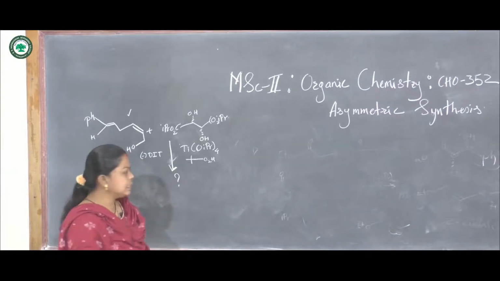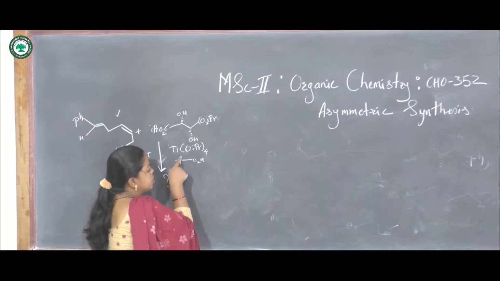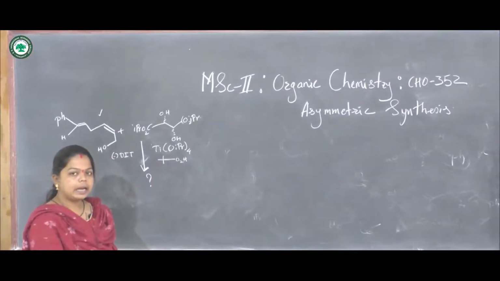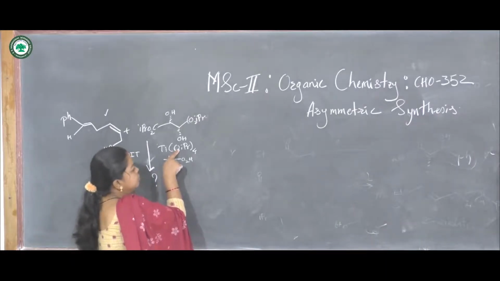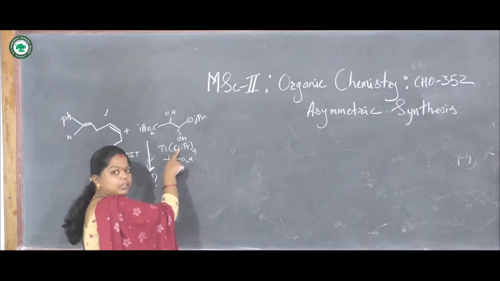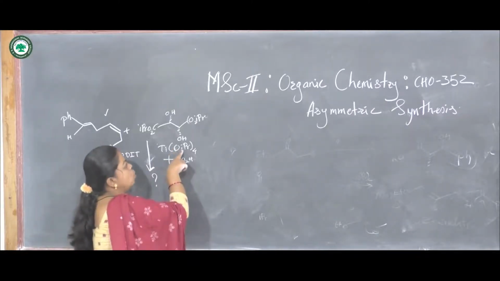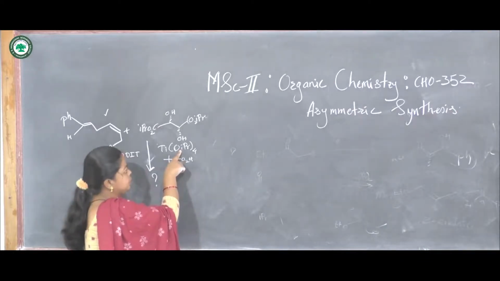The second reagent is the titanium tetraisopropoxide complex. Along with this is tert-butyl hydroperoxide, which acts as the oxidant in this reaction. This is the transition metal complex that will carry out the given transformation. So oxidation can be carried out, it acts as the oxidizing agent.